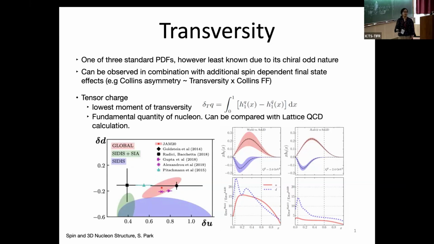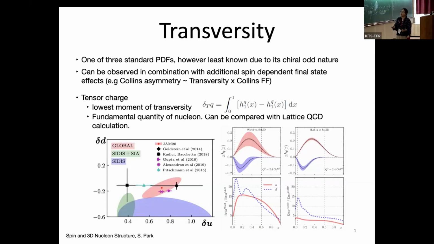You can also do that from other observables, for example, interference fragmentation functions from the e+ e-, or also from the pp. The important thing about the transversity, besides that it tells you about the transversity polarized distribution of the parton in the collinear picture, is the tensor charge.